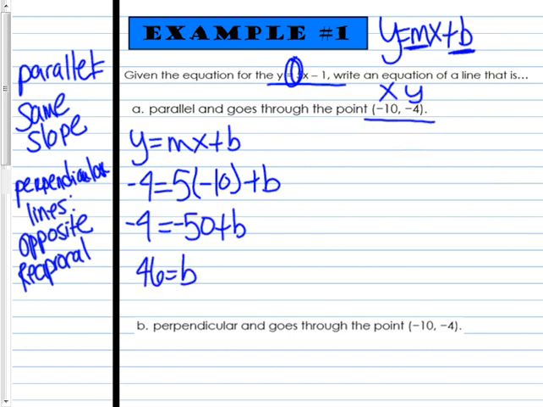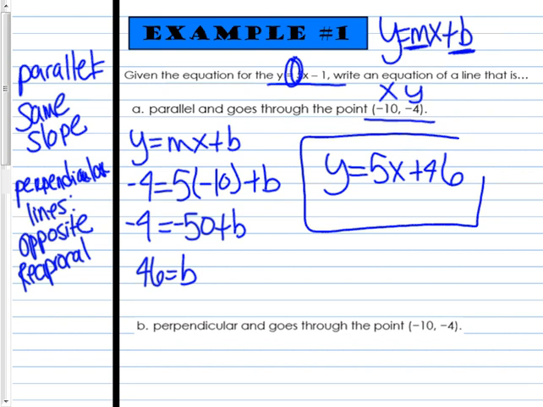So now I have my m, which is 5, and my b, which is 46, and my equation is y equals 5x plus 46. This is my answer. y equals 5x plus 46.